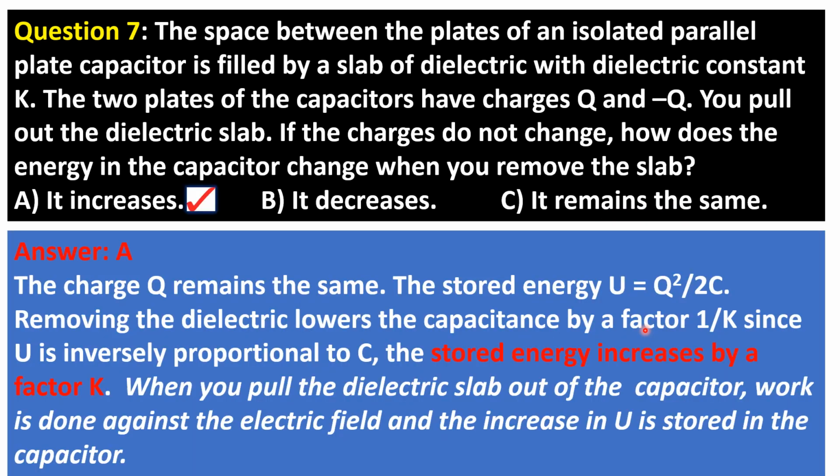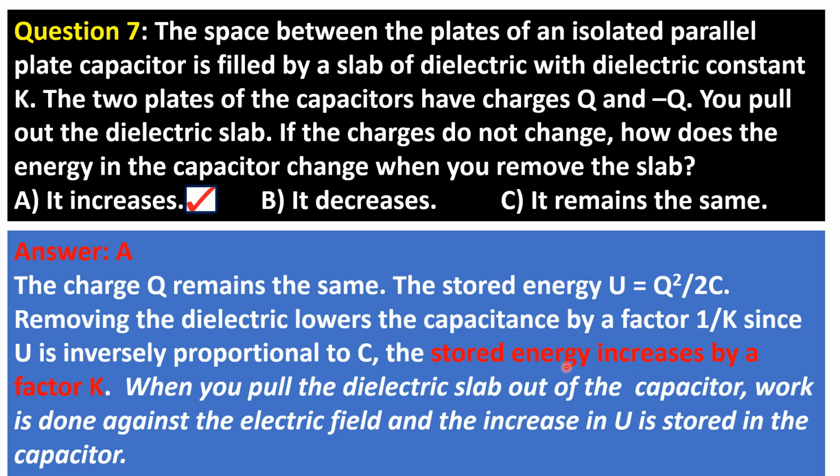So our answer: since the charge Q remains the same, as stated here, the stored energy from the formula U is equal to Q squared over 2C. Removing the dielectric will lower the capacitance by a factor 1 over K. And from that formula, since U is inversely proportional to capacitance, the stored energy shall increase.